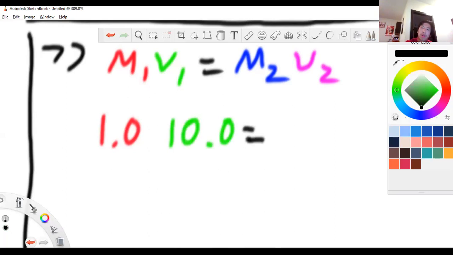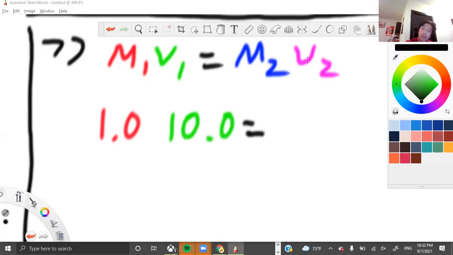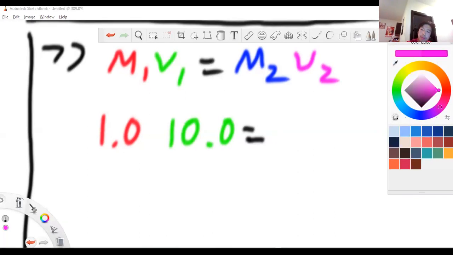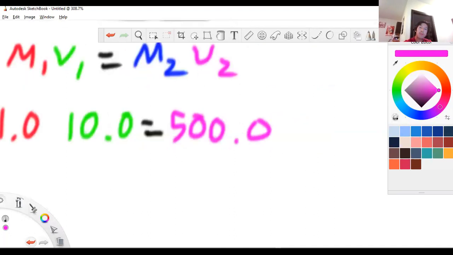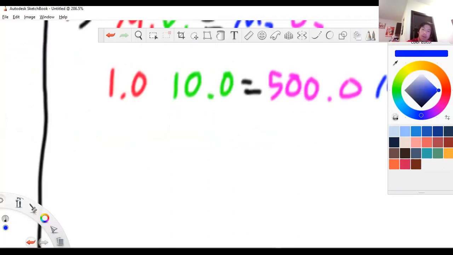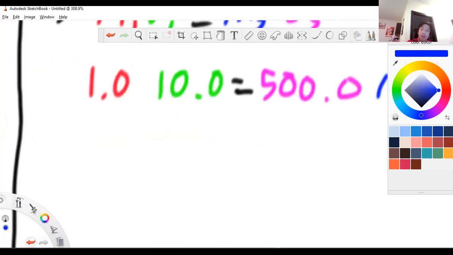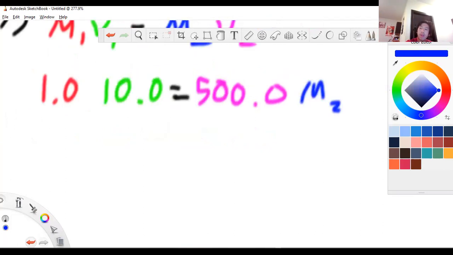And we know that our volume is equal to 500, but we don't know the molarity. So what we're going to do is simplify everything.